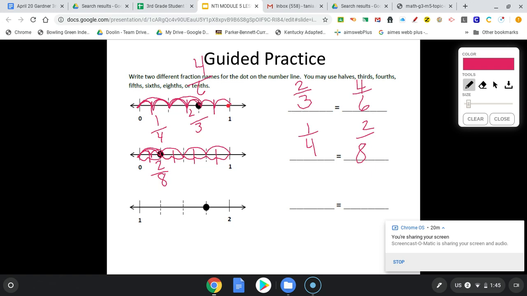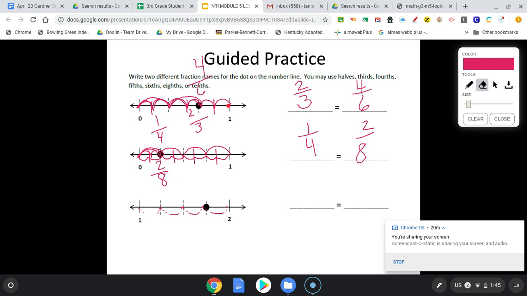So let's look at the last one. I want you to go ahead and label the fraction on there. What is the fractional unit? Very good. It is fifths. So we would go 1/5, 2/5, 3/5. Oh, is it fifths? No, it is not fifths.